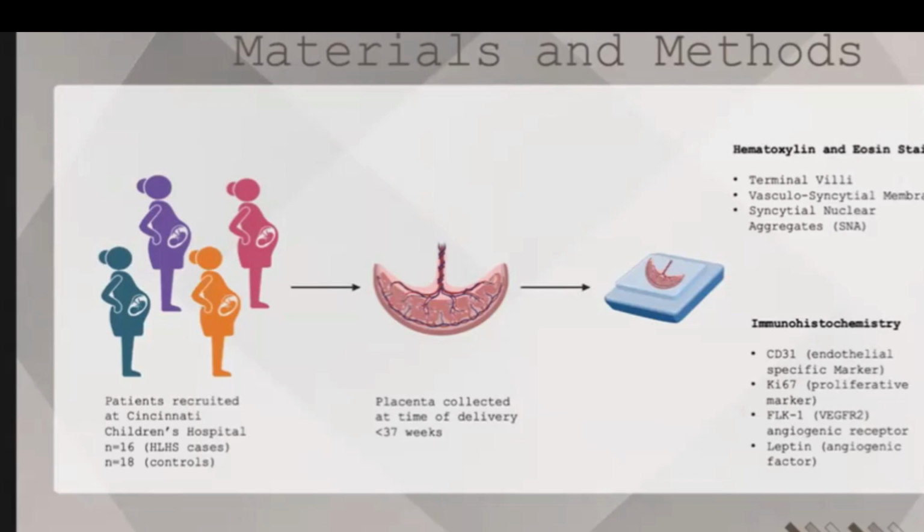So in those villi, you can actually see the blood vessels in the villi. They looked at Ki67, which is a proliferative marker. They looked at Ki67 because at term, the placenta should be fully functional because they just gave birth to a baby, so they shouldn't still be proliferating. They also looked at FLK1, which is VEGF receptor 2, an angiogenic receptor. They also looked at leptin signaling.